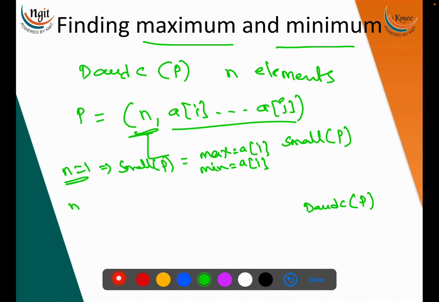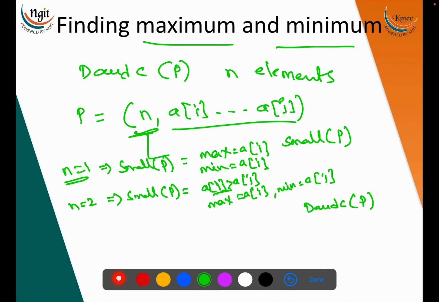When my n value is 2, that is also a smaller problem. So I require a simple condition to compare whether a of i is greater than a of j. In this case, maximum is equal to a of i and minimum is equal to a of j.